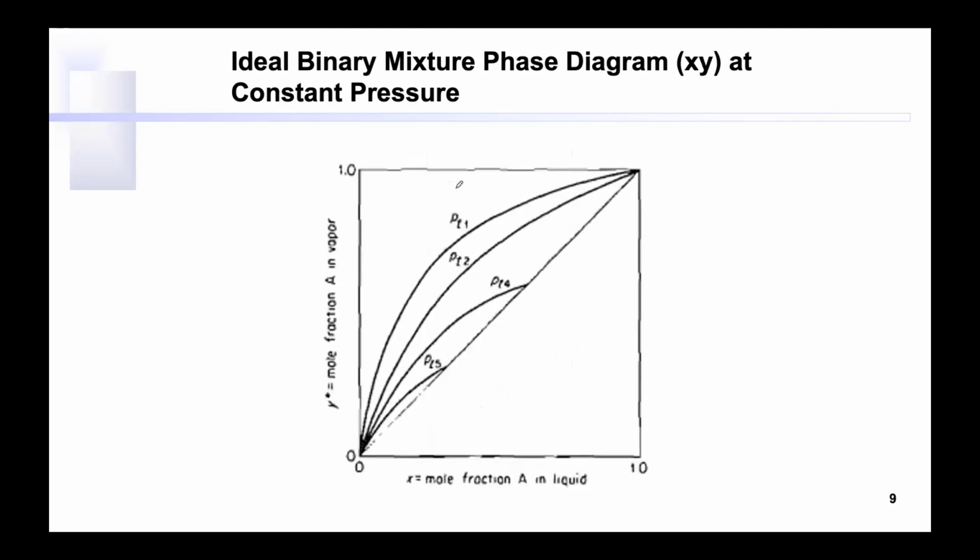Okay, so when we plot them into the XY diagram, here it is. This one has a low operating area for the distillation, while this one goes to 1, and the pressure one also has more area.